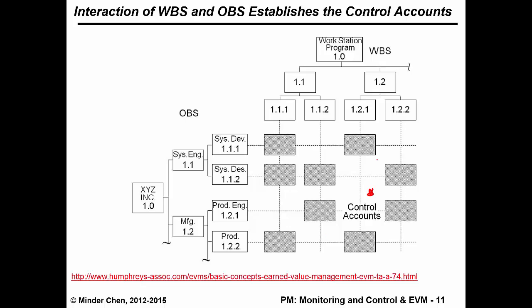A control account is typically a cross-reference between the work breakdown structure and the organization breakdown structure, which means that if you spend some money on a project, you need to know for which work or task this is for, and which department is actually using the money to perform the task in this work breakdown structure. So it's a cross-reference between the work breakdown structure and the organizational breakdown structure.